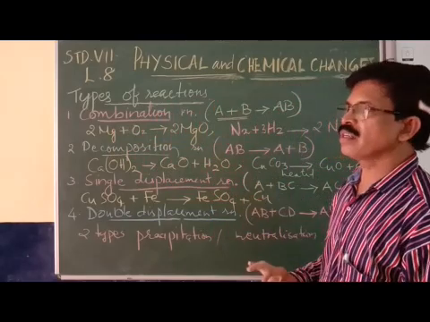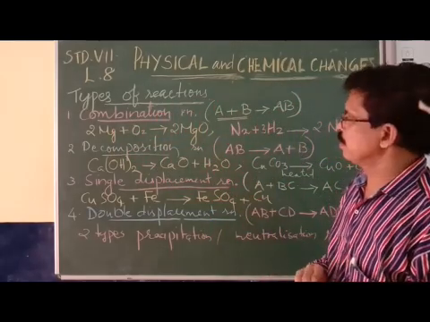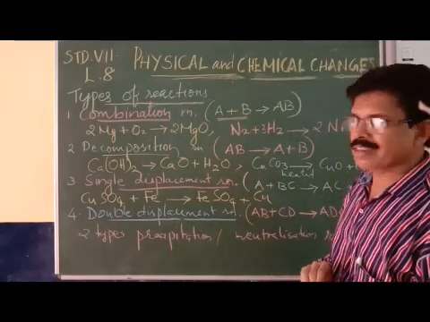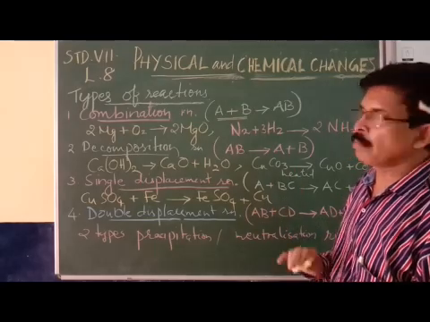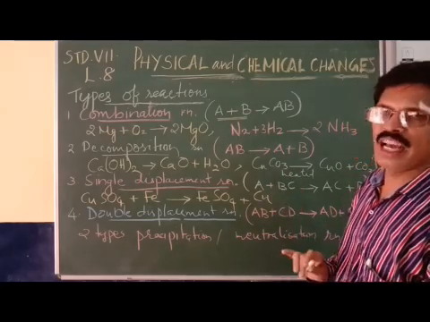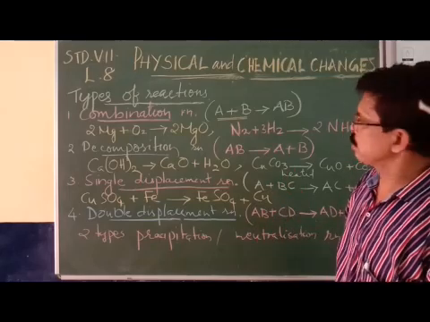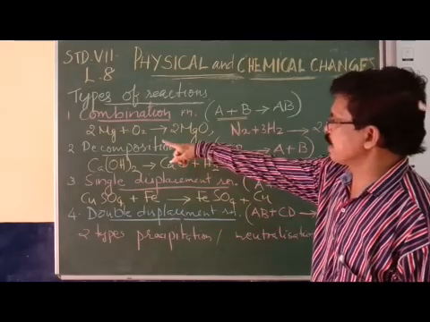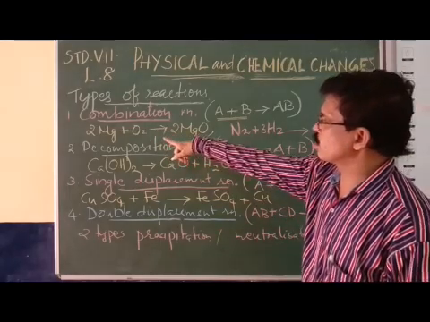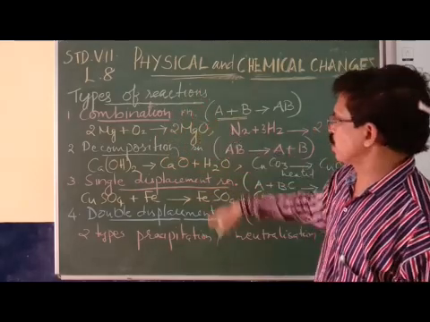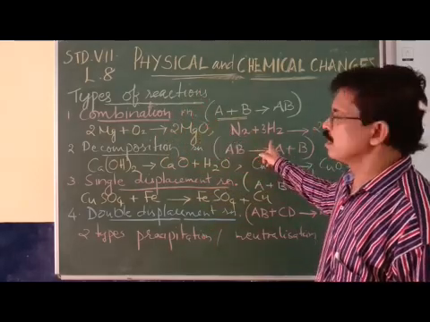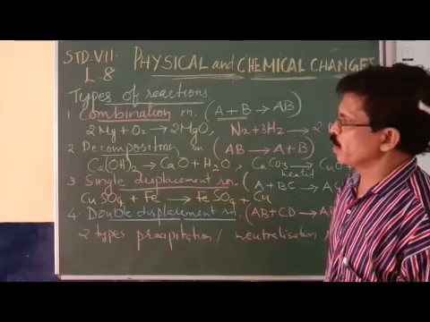So this is what a combination reaction is: a reaction in which two elements combine to form a single substance with different properties. These are the two examples: magnesium reacts with oxygen and forms magnesium oxide, and nitrogen combines with hydrogen to form ammonia.